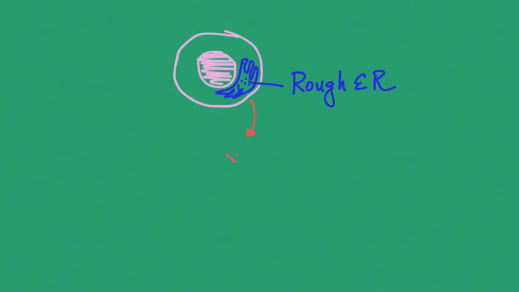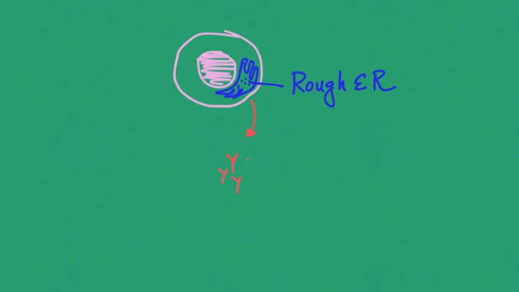The last stage in antibody mediated immunity is the production of antibodies. As you see, this is a plasma B cell and with its rough ER, very functional, and it's producing antibodies.